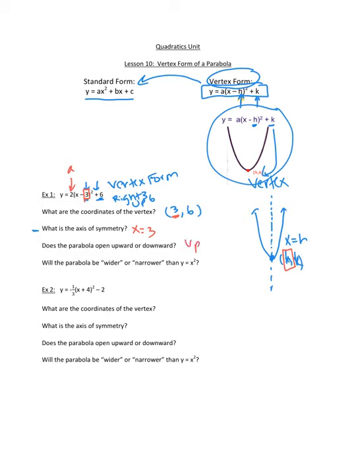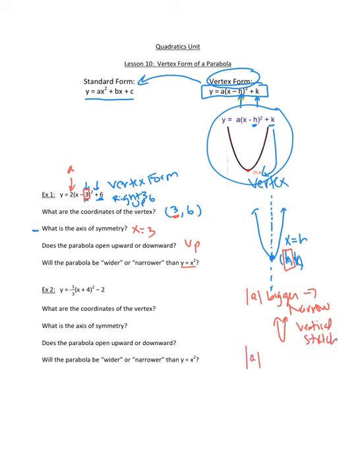Will the parabola be wider or narrower than y equals x squared? Remember, y equals x squared is your parent function, and that's the standard width. As the absolute value of a gets bigger, we went over this yesterday, your parabola becomes more narrow. It becomes a vertical stretch.